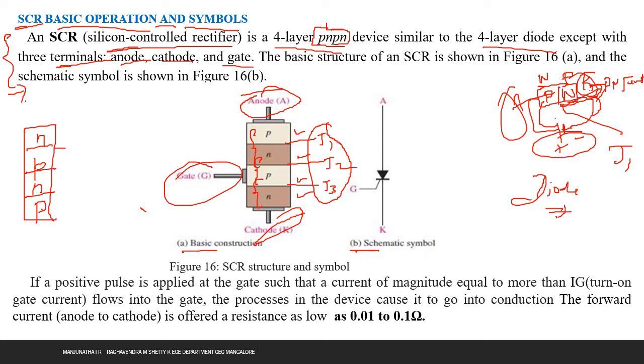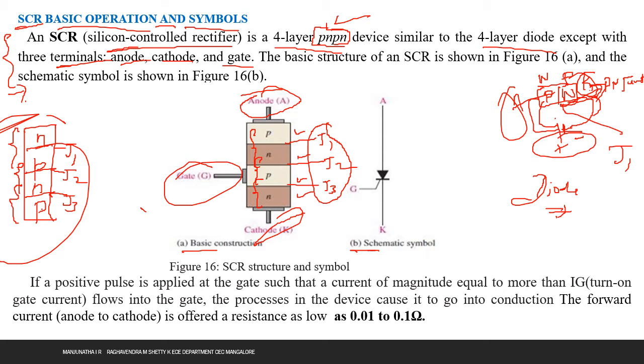Here also there are 3 junctions: J1 between the first two layers, J2 between the middle two, and J3 between the last two. For better understanding we will go with only one type of SCR, the PNPN SCR. That is one more difference between the diode and SCR.